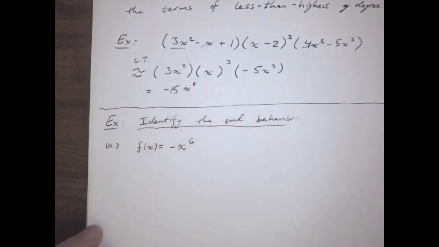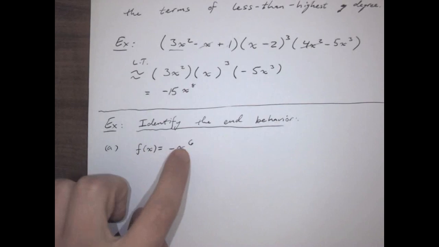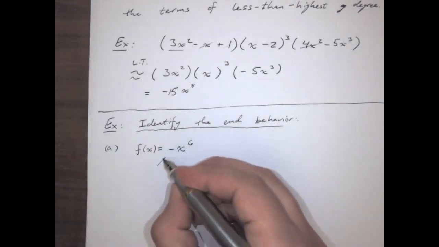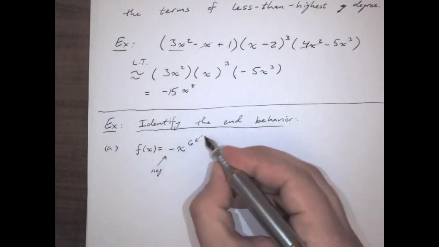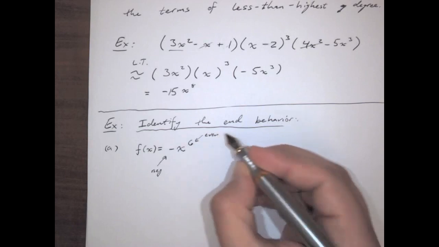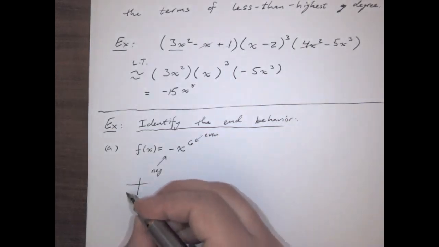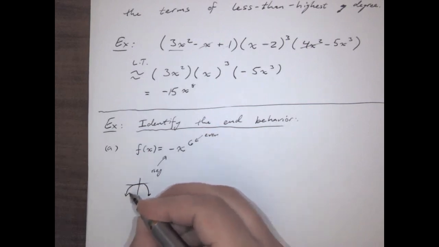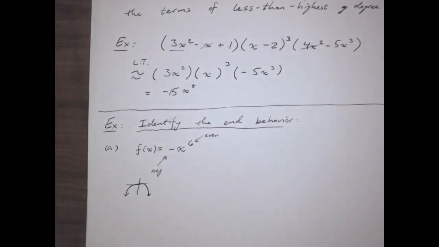So the things that matter about this are the coefficient, positive or negative, and the power, even or odd. So the important thing is negative coefficient and even power. Which means that the graph of the function here is going to resemble x squared, however, it's going to be pointing down because of the negative.